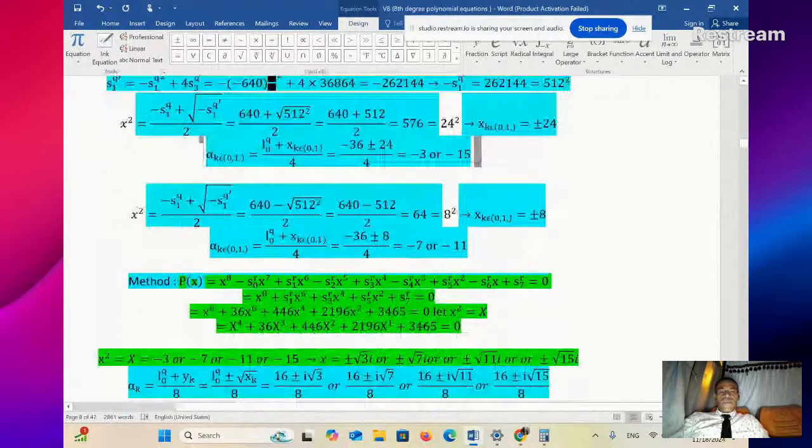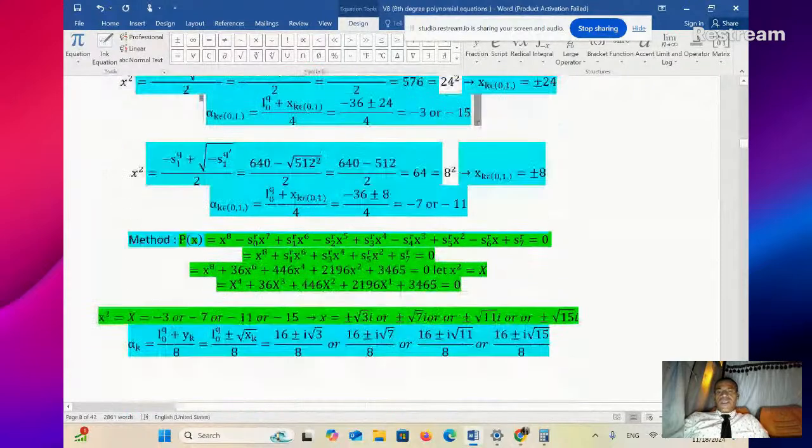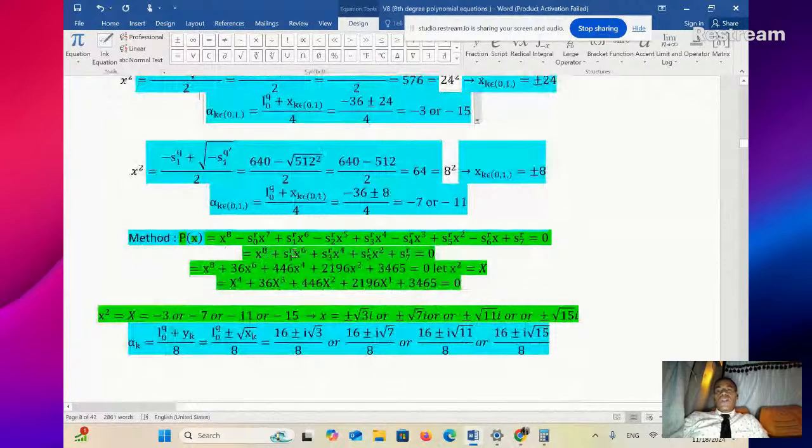From the beginning we said that x squared equals capital X. Now capital X equals negative 3 or negative 7 or negative 11 or negative 15. Therefore, x is plus or minus root of 3i, or plus or minus root of 7i, or plus or minus root of 11i, or plus or minus root of 15i.